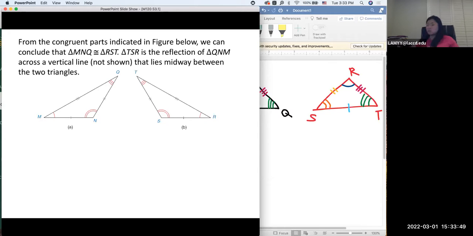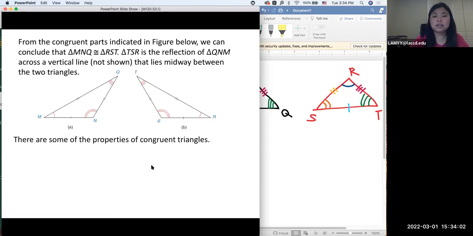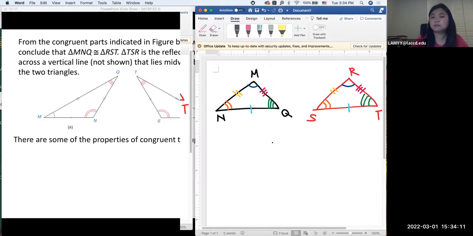Just like this eraser here, it can be a reflection like this way. Okay, so another way like this. And then for the congruent triangles, we also can use the relations. Remember what is the relations?